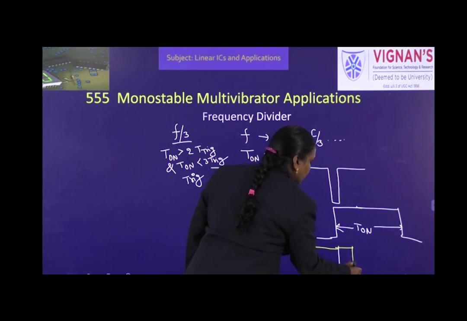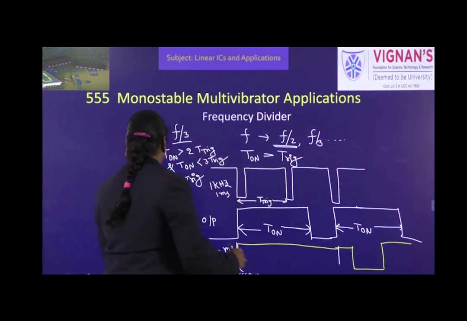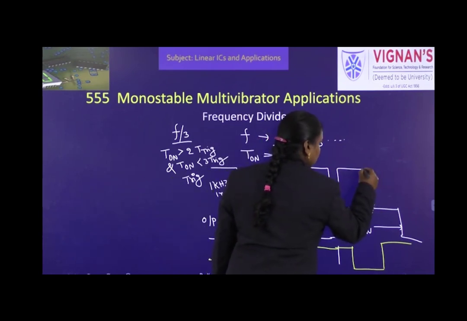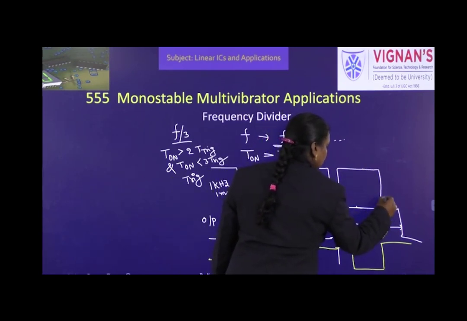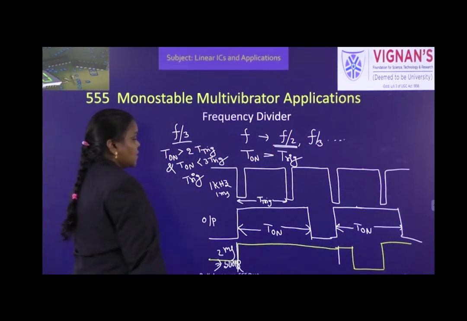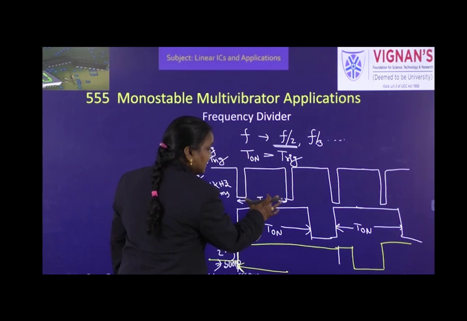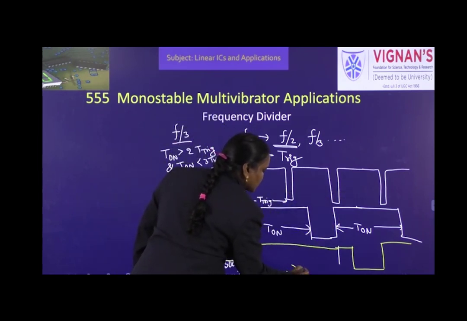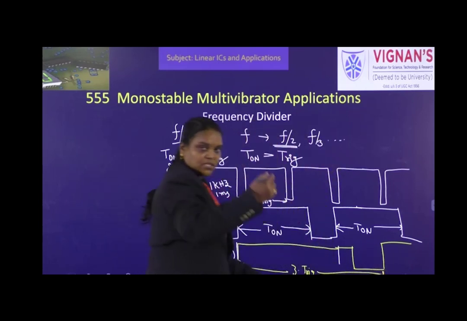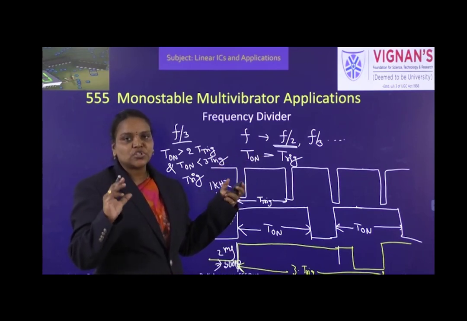And next it goes down. Now see, what is the time period of this? It is 3 trigger time periods. So the time period is 3 times increased, which means the frequency is 3 times decreased. Like that you can set any frequency division.